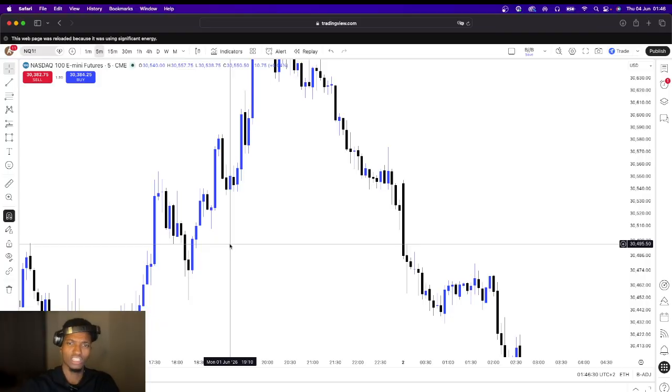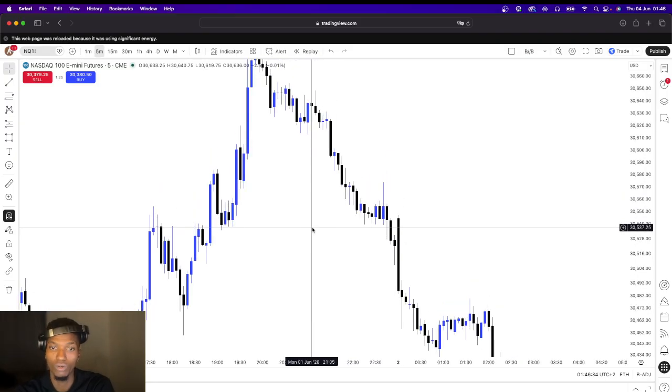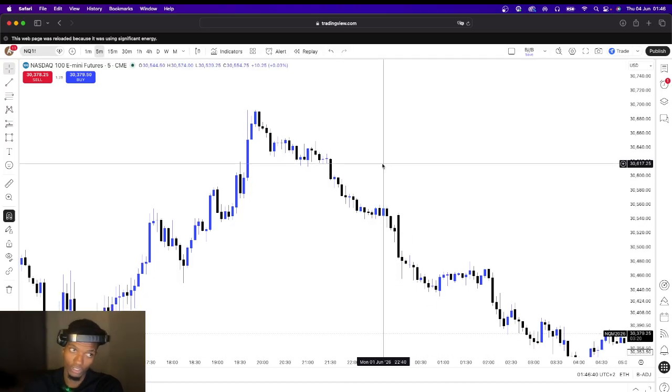They are not that confusing, they are easy to spot, they are everywhere also. So again, inverse fair value gaps and fair value gaps are not strategies, so make sure you keep this in mind. They are not trading strategies, they're just confluences that we use before taking trades.